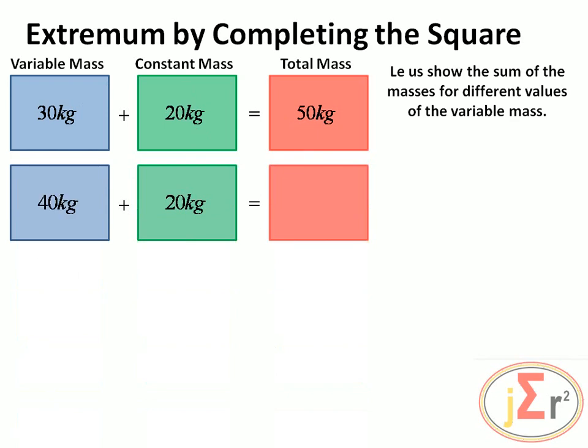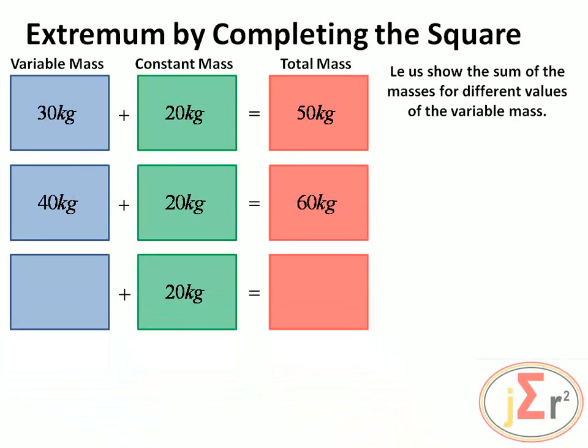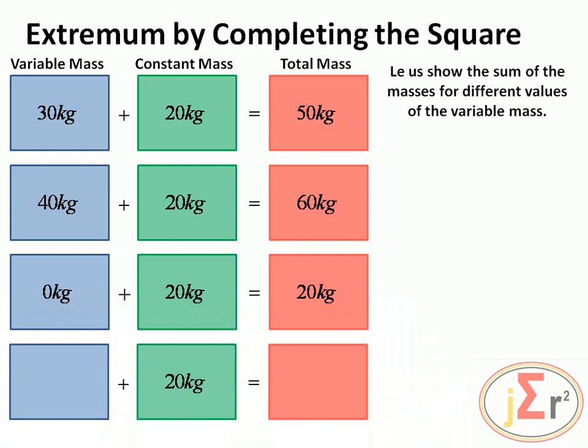Variable mass is 40 kilogram. When they are added, 60 kilograms, and of course we are going to put 0 kilogram right there added with the 20, and we have 20 kilograms. 90 kilogram plus 20 kilogram, and that is equal to 110 kilograms.